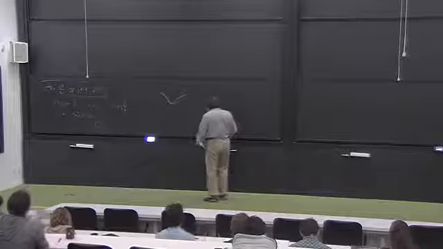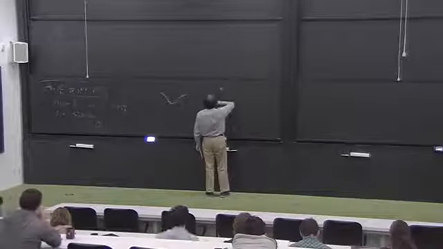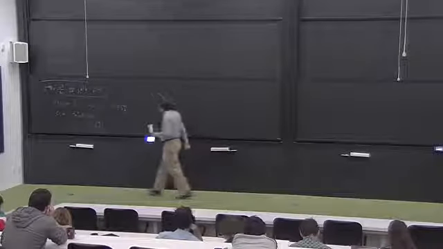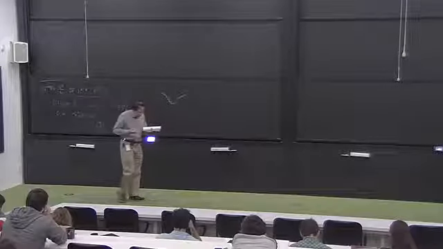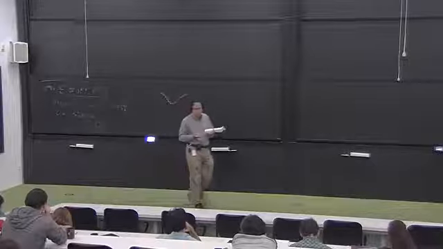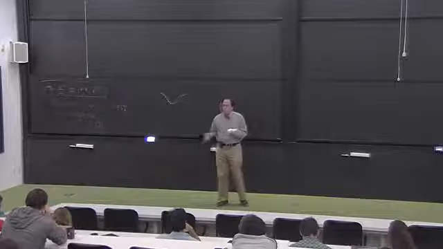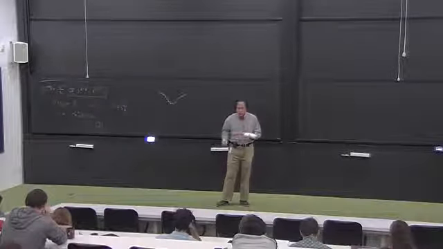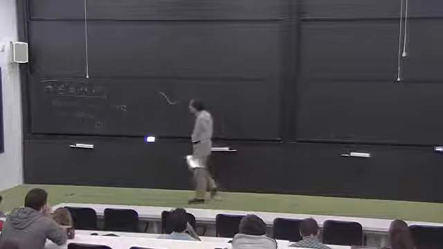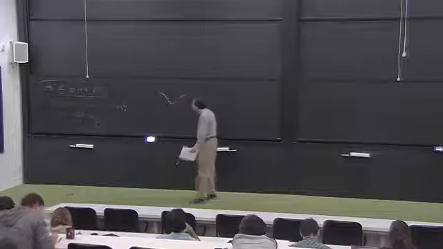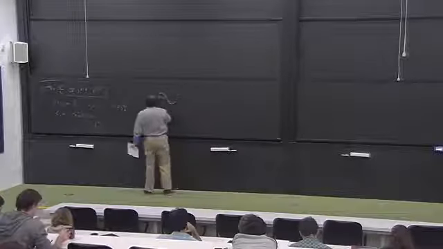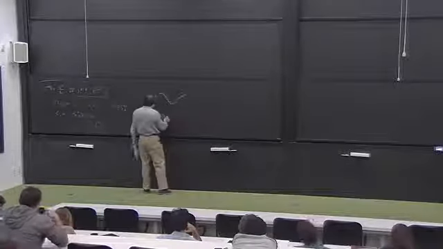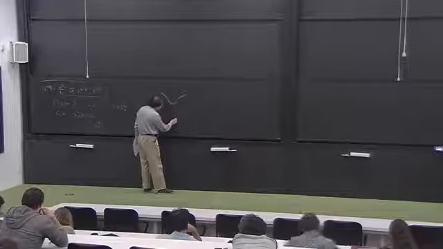But let me just say what really happens in words. What really happens is that when you have an electric field, the current of the ground state is changed. And what is the current of a filled band? Usually the current is the sum of velocity.